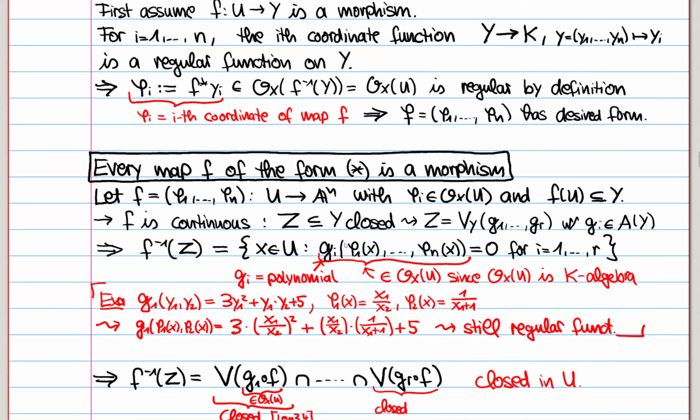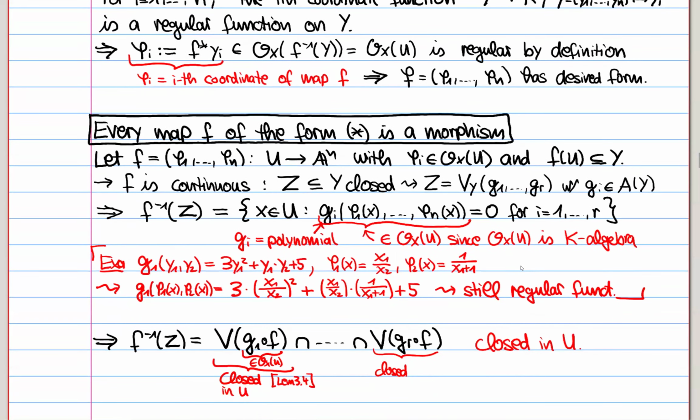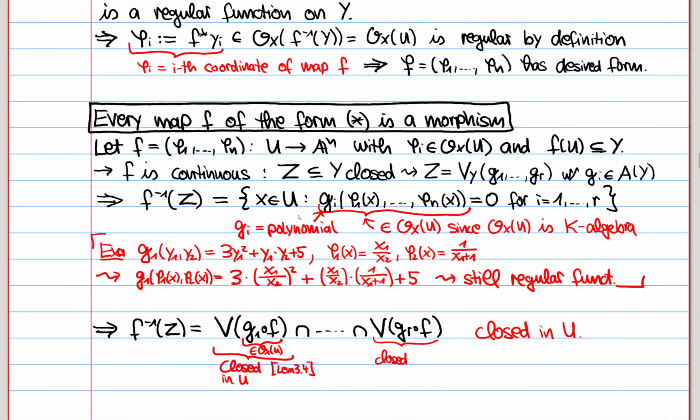So indeed, this expression here is a regular function on U, and therefore, just rewriting this here is then the vanishing locus of the first thing intersected and so on until the vanishing locus of the rth thing.